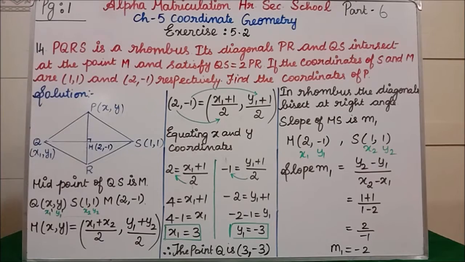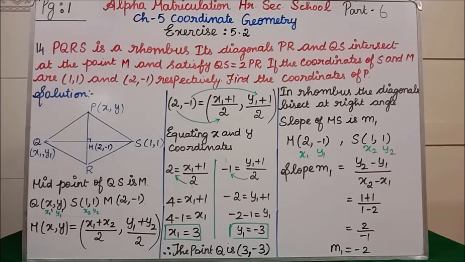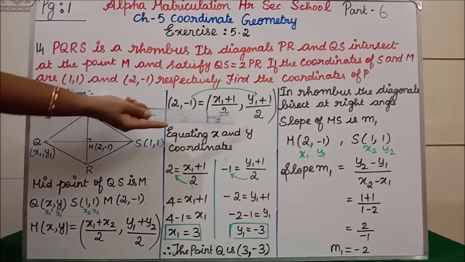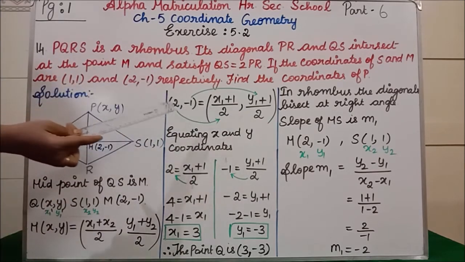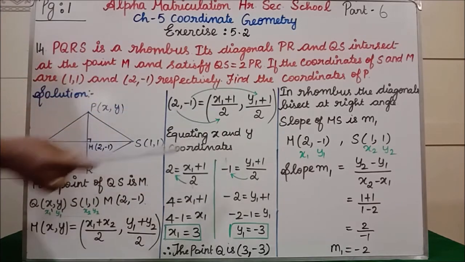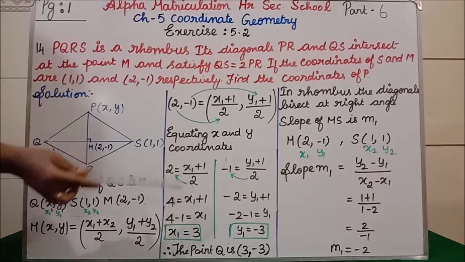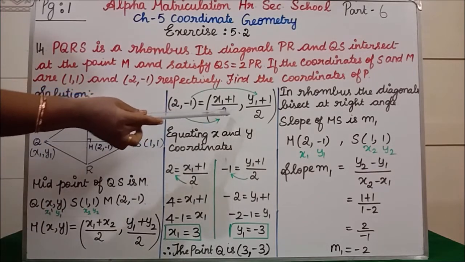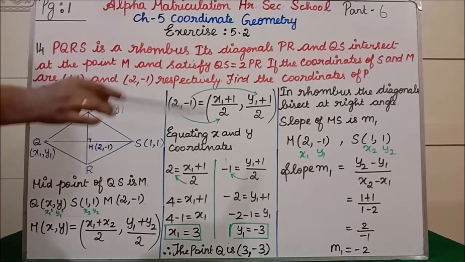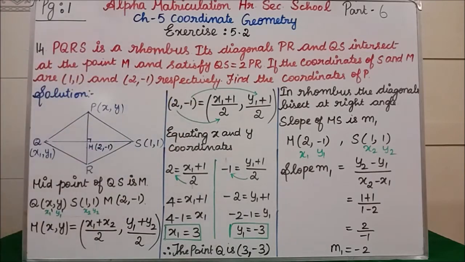The next step, we are equating the x and y coordinates, which means this is x, this is y, isn't it? Similarly, this is our x and this is our y. So the x coordinate we equate on one side and the y coordinate on the other side. So we write 2 is equal to x1 plus 1 divided by 2, and on the other side -1 equal to y1 plus 1 divided by 2.